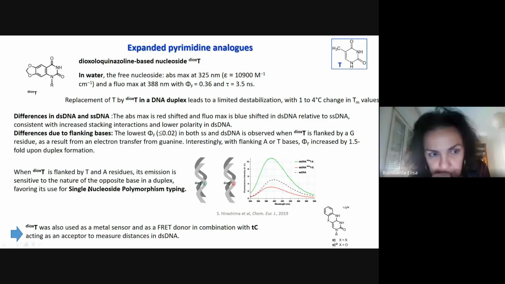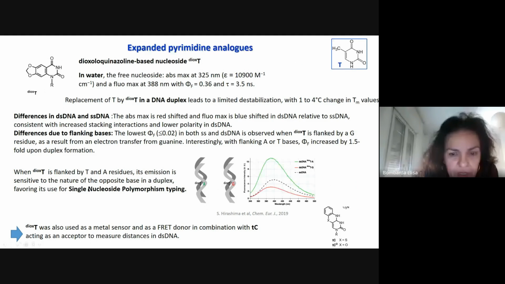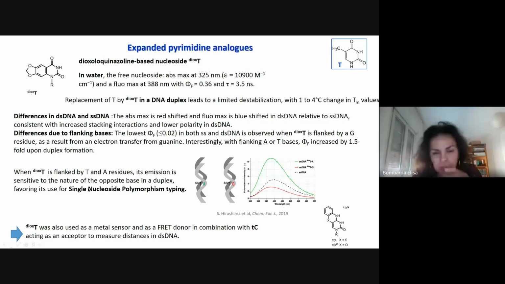So it seems okay, and it could be used. There are differences between what was in water and in the duplex or in single-stranded DNA: the photophysics is different, according to the different type of stacking interaction.